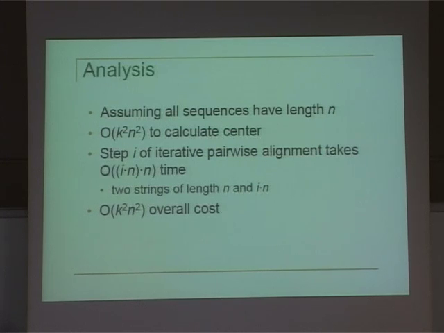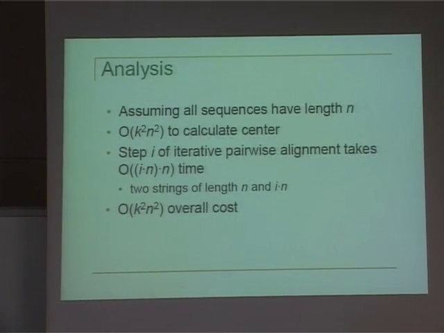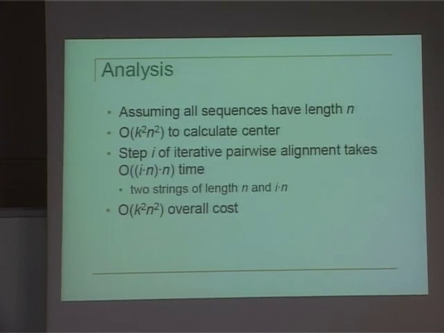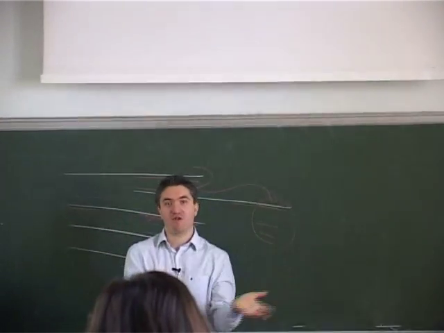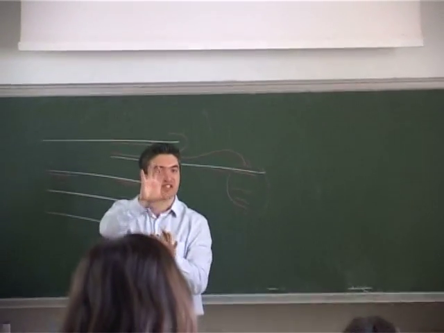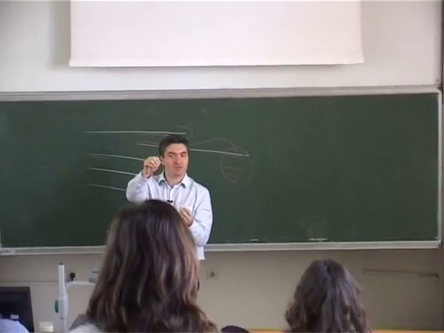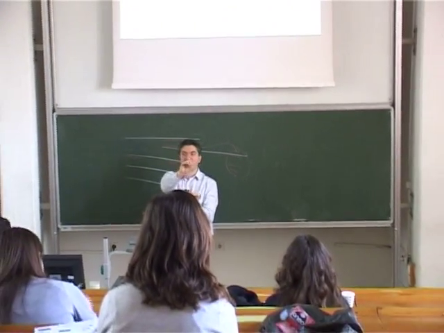If, for example, imagine I gave you k sequences in which there are two main groups in this family. For example, I give you a superfamily of sequences, and there are two families in this superfamily. Each one of them has a single star.